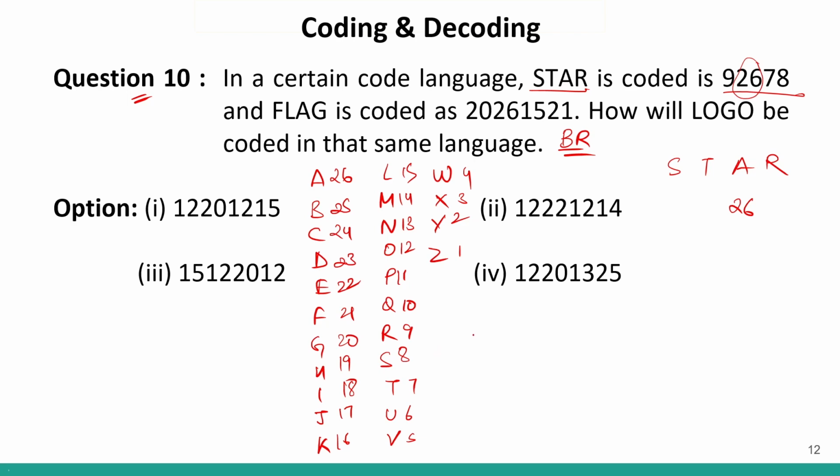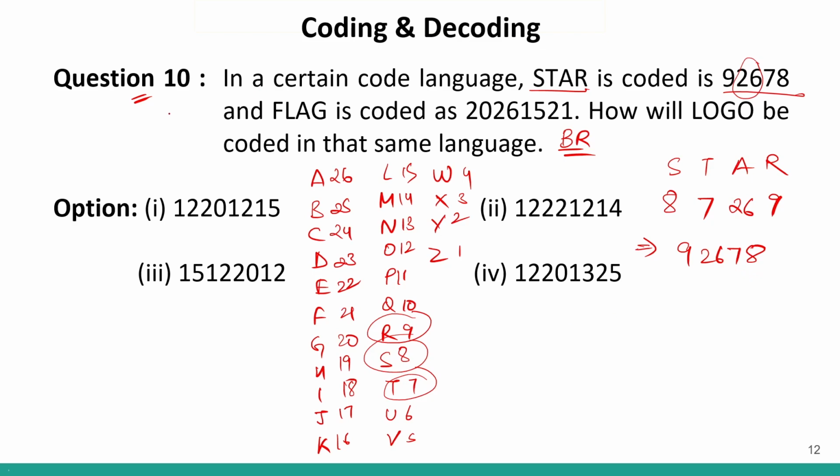These are your backward ranks. So for A it is 26, for R it is 9, for T it is 7 and for S it is 8. So now if I write them in reverse order, it will be 9, 26, 7 and 8. This is the code. So basically backward ranks and then reverse.